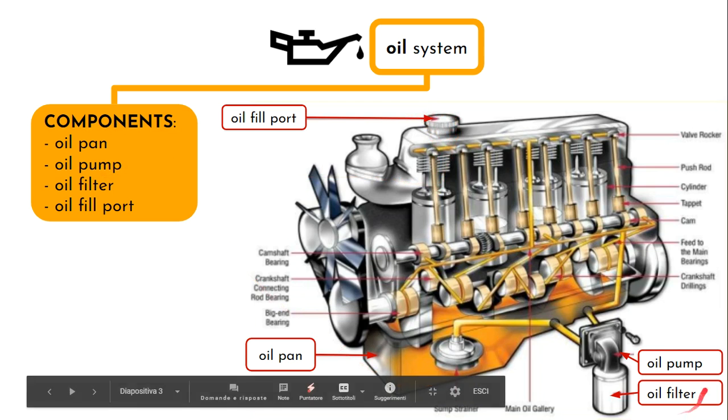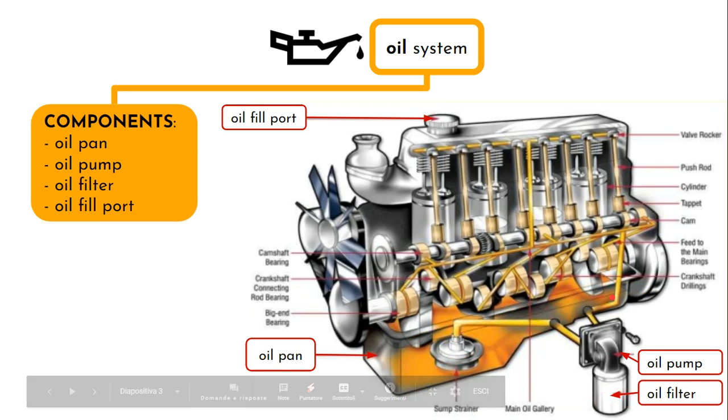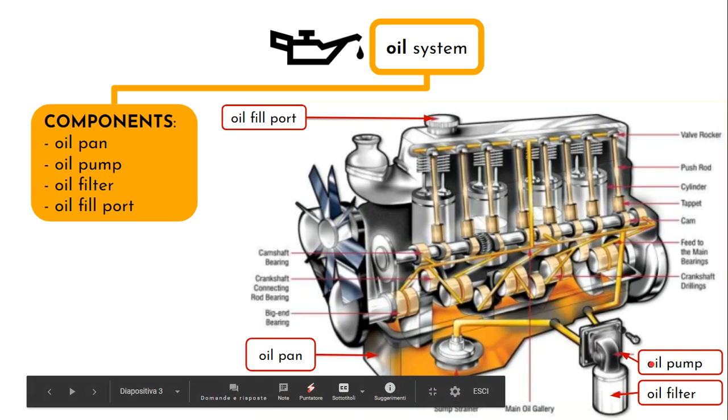The oil pump is down here, okay? Then you have the oil filter and the oil pan. The oil pan è praticamente la coppa dell'olio, where all the oil is collected. The oil pump sends, invia, or pumps the oil all around the engine, okay?